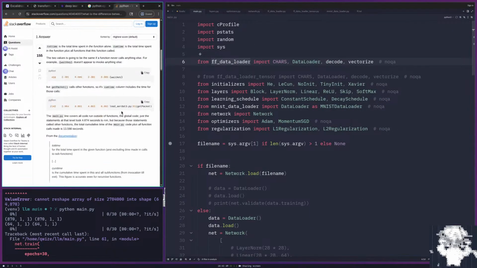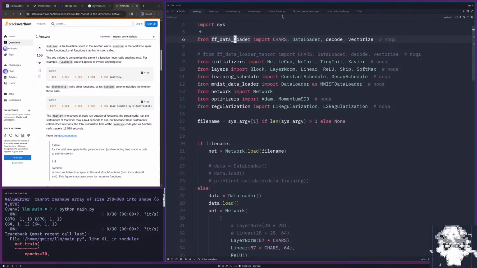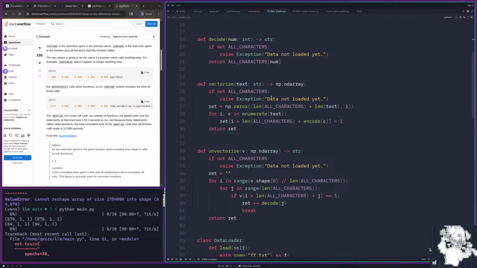Okay, so why does my input look like that?